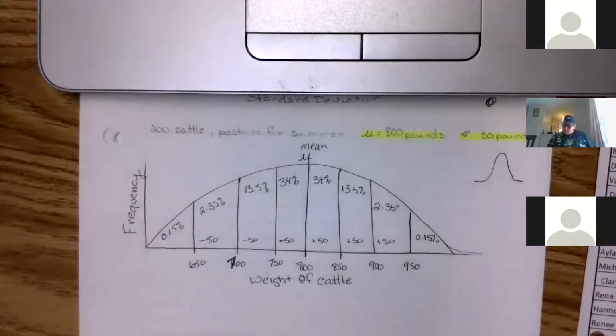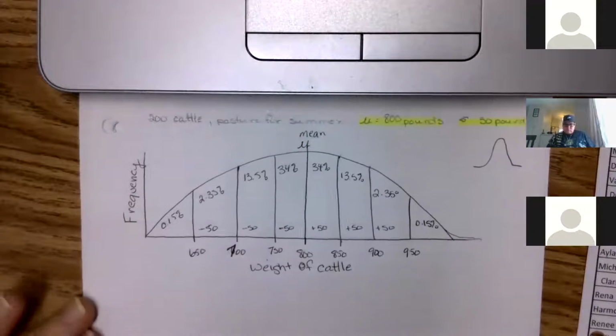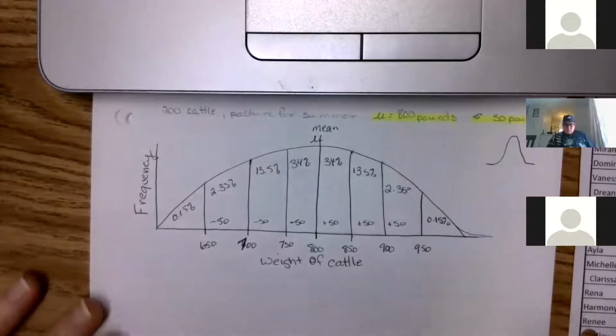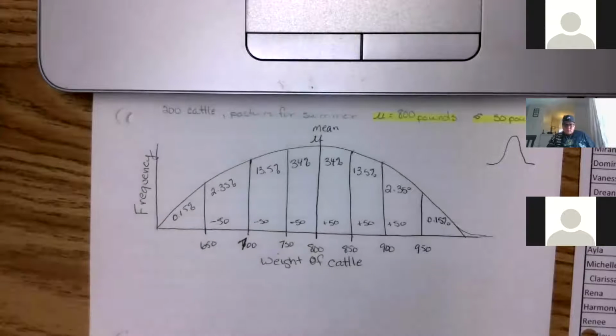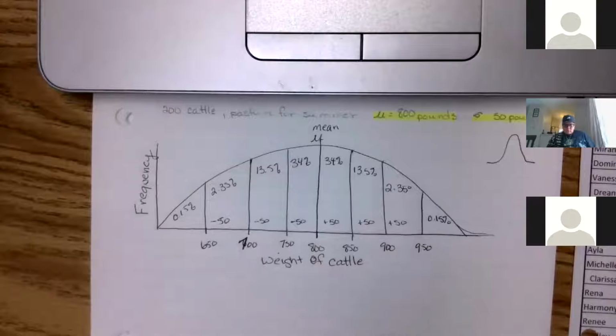So we're able to draw that. Now let's look at the questions. What would we see? How about, at the end of the summer, or early fall, we're gonna sell off all these cattle. And I'd like to have some idea of how much money I'm gonna make. So I need to know how big my cattle are gonna be.